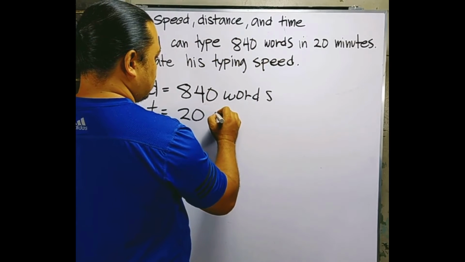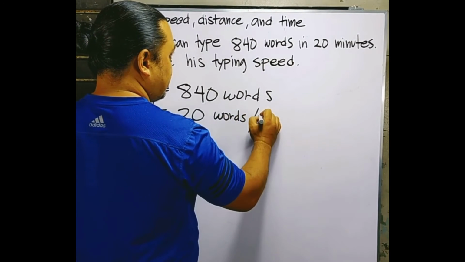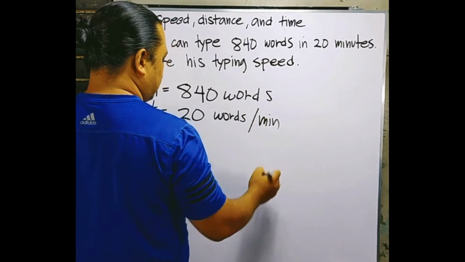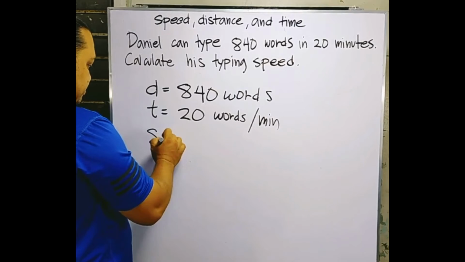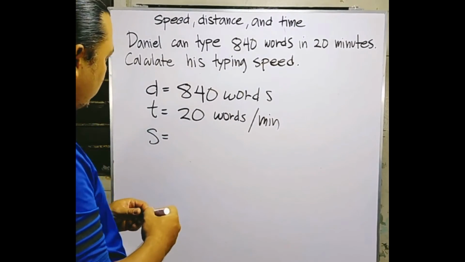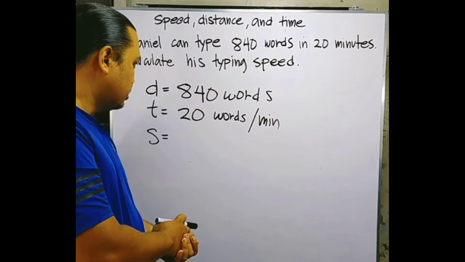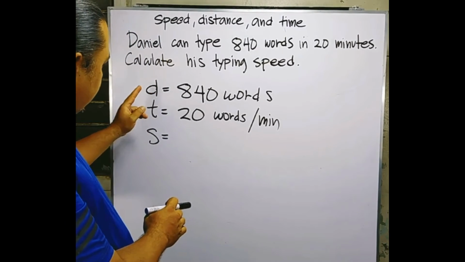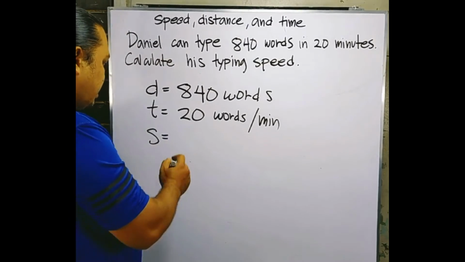And we're looking for the speed. Okay, what is the typing speed of Daniel? Okay, so we have here given D and T. We are looking for the S.